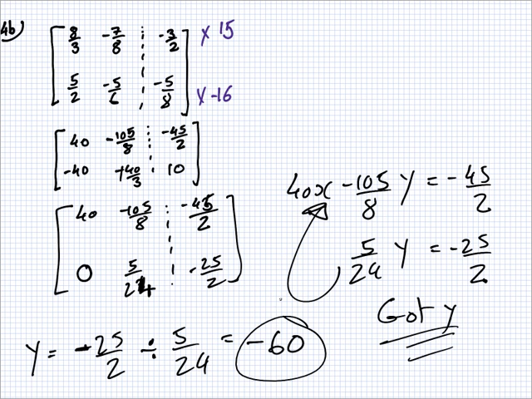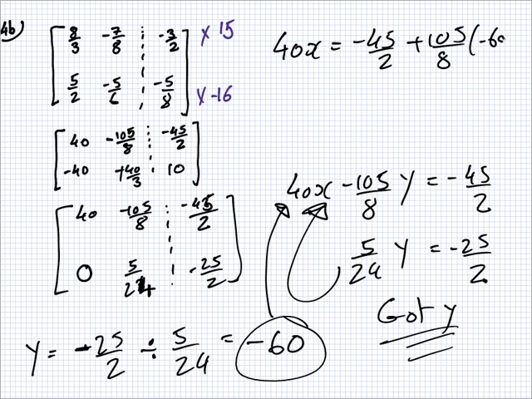And then you sub minus 60 back in here. So you get 40x equals minus 45 over 2 plus 105 over 8 times minus 60. So you just divide that by 40 and you get the x. So the x will end up being minus 81 over 4.